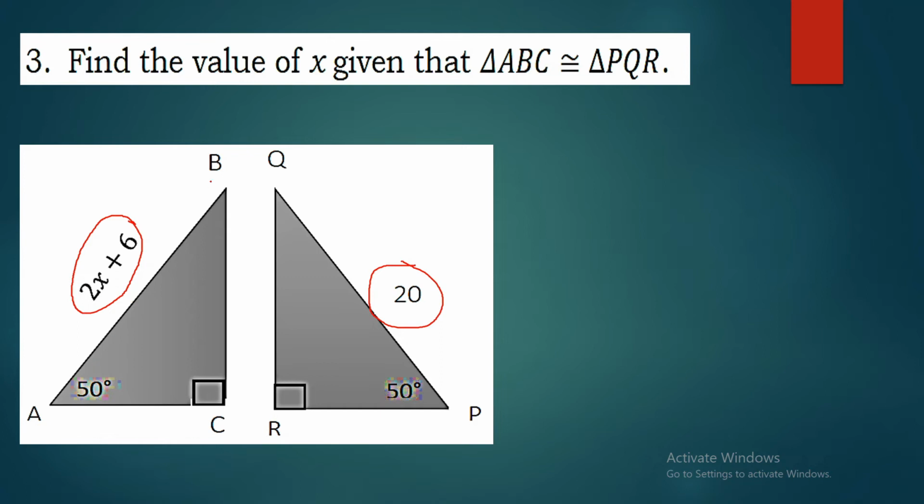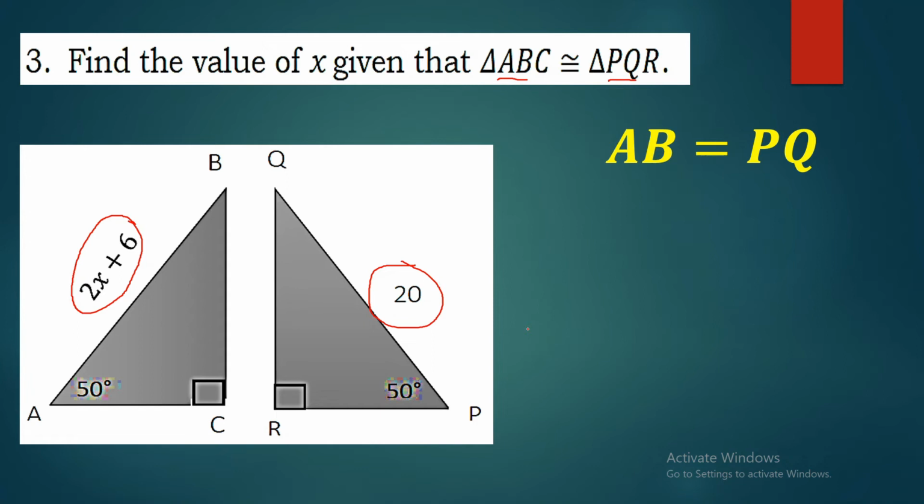That's AB and PQ. On the given pair of congruent triangles, we have AB and PQ. So note that those two segments are congruent. That means the measure of segment AB is equal to the measure of segment PQ.